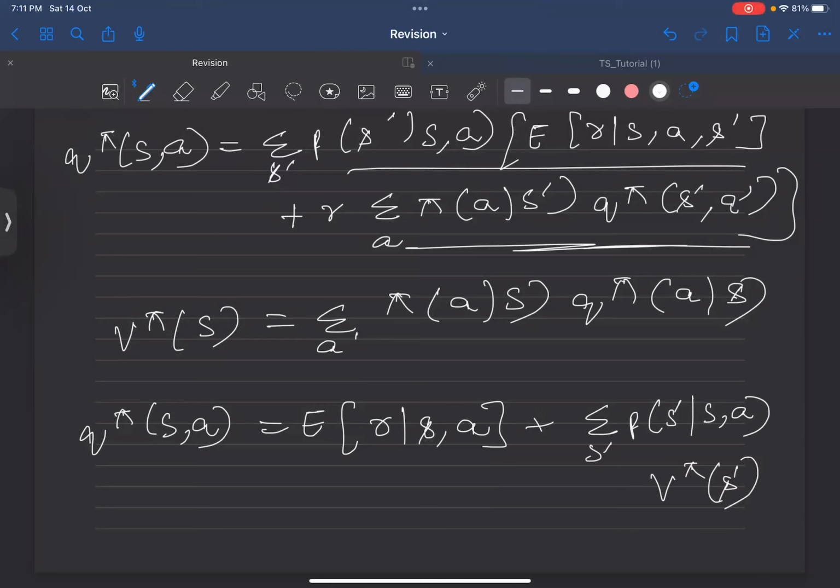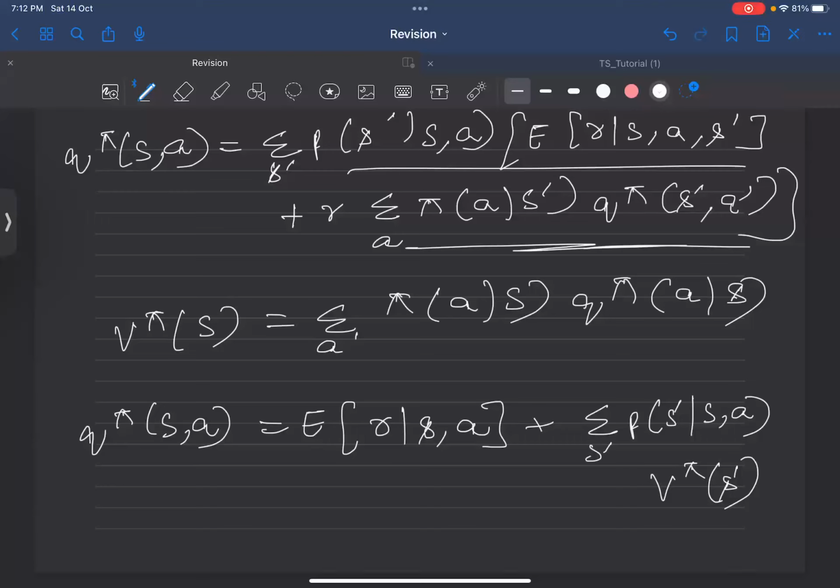Let us think, is it correct? Expected reward given s comma a, that is what I was thinking. Probability of s dash given s comma a. If s and a are given to me, we can write this. Is it correct for others? What do you think? Because this is an important concept.